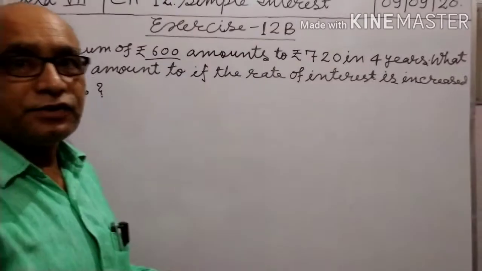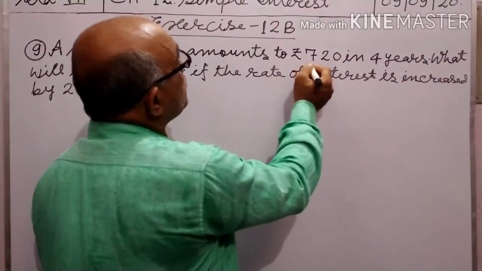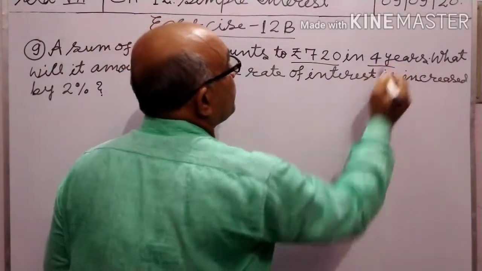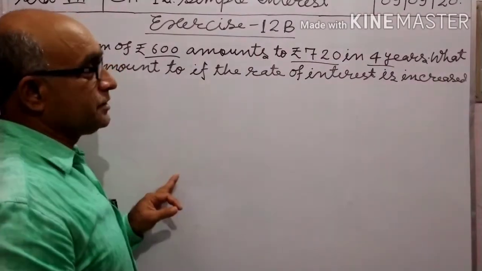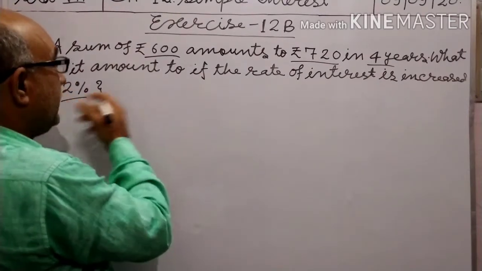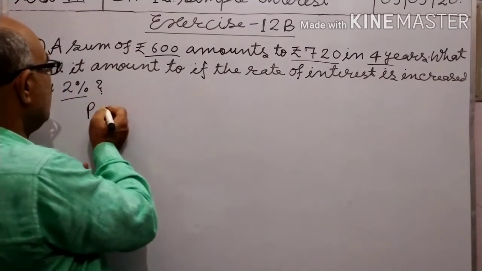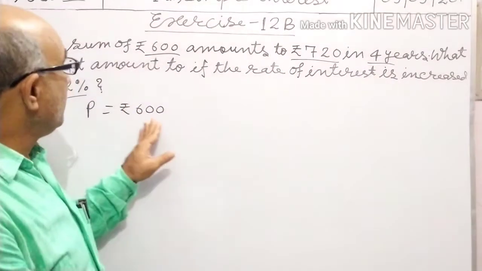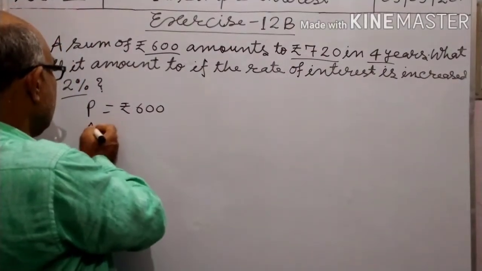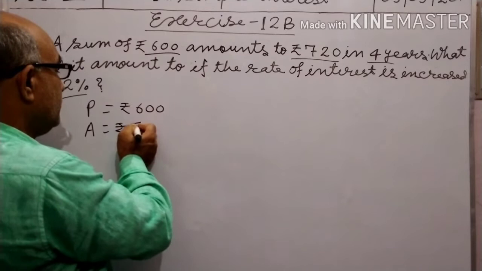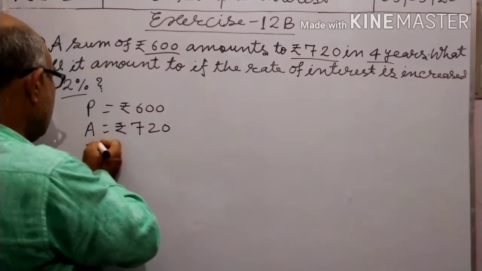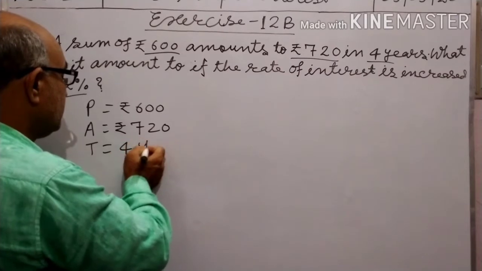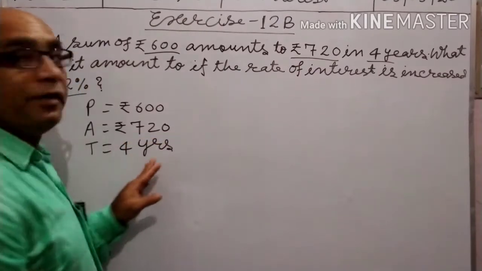Students, next question is question number 9. A sum of rupees 600 amounts to rupees 720 in 4 years. What will it amount to if the rate of interest is increased by 2%? This question given P equal to rupees 600, A equal to rupees 720 and T equal to 4 years.